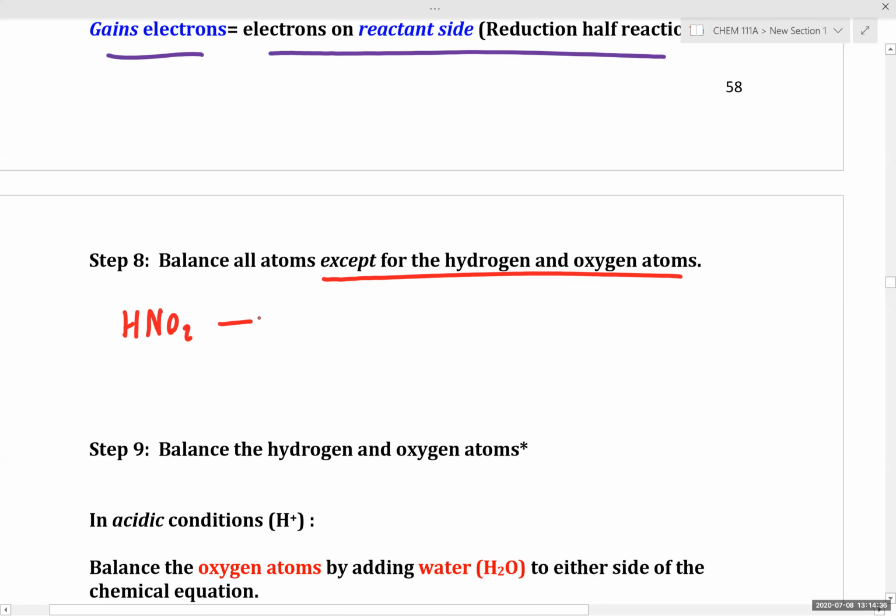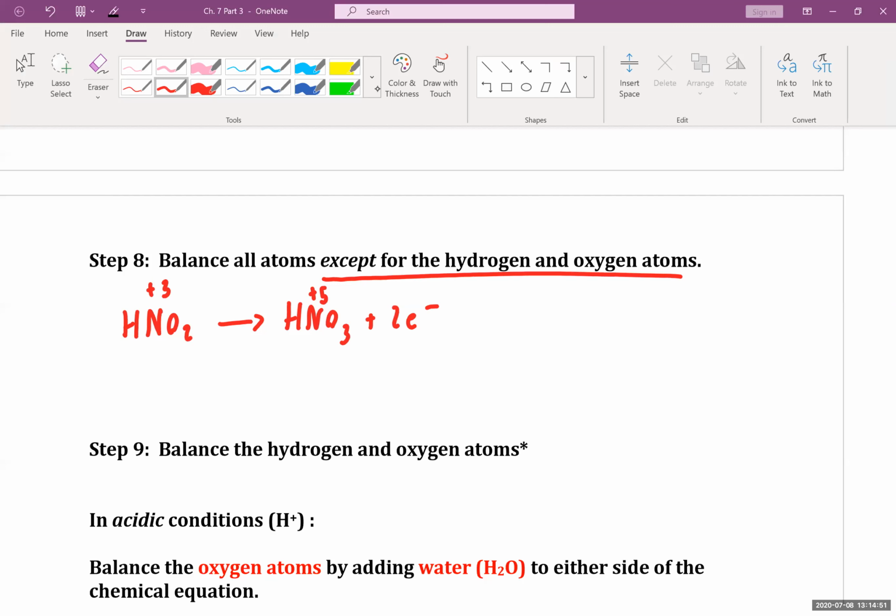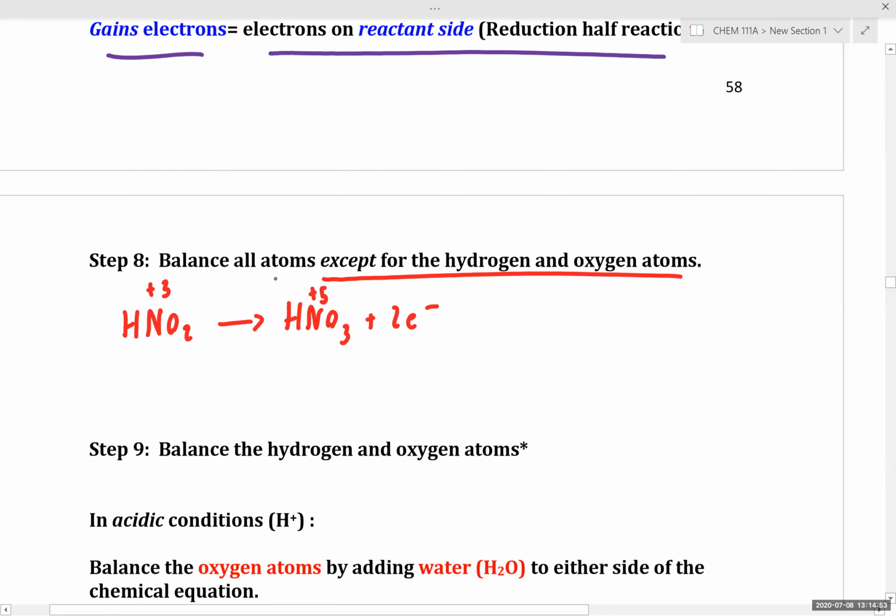So for our nitrous acid going to nitrate, we went from +3 to +5. We've lost 2 electrons. Are all atoms except for hydrogen and oxygen balanced in this half reaction? Yeah, it looks good as a first pass.